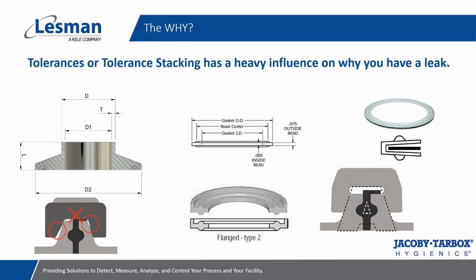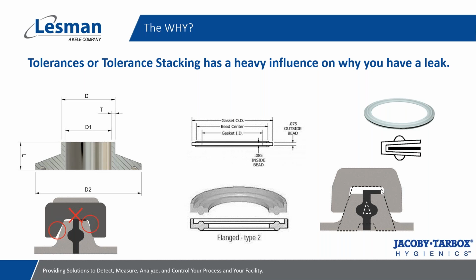The biggest issue that we've seen as to why a sanitary union fails is due to the tolerances of all of the components combined, along with the stacking of those tolerances, right? So ferrule A from one company that's welded to a vessel, ferrule B that's from another fittings company, the gasket, and then the clamp, all combined.